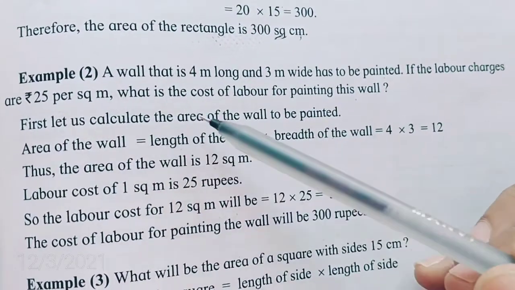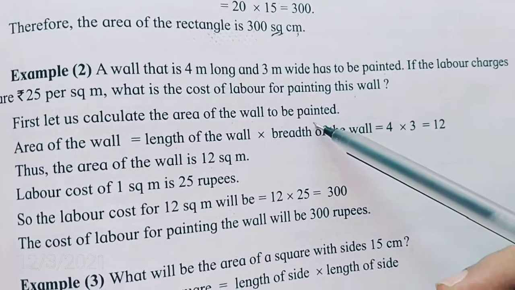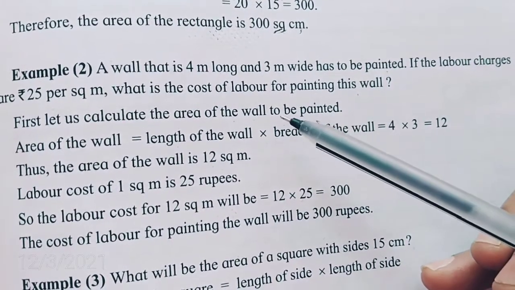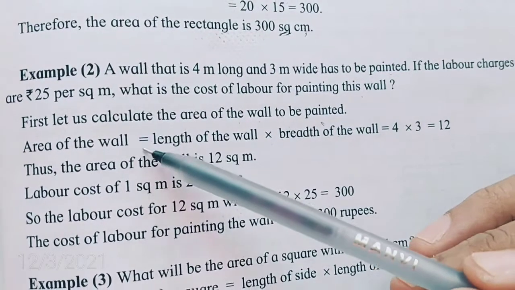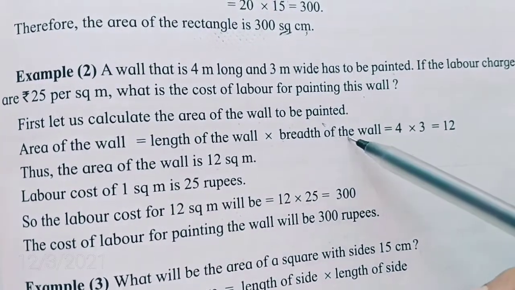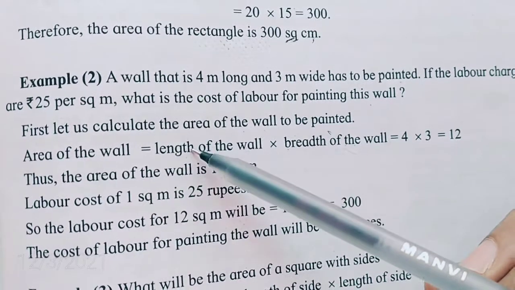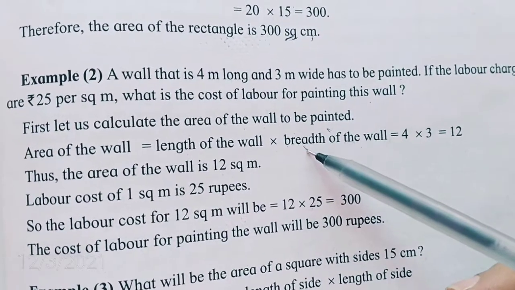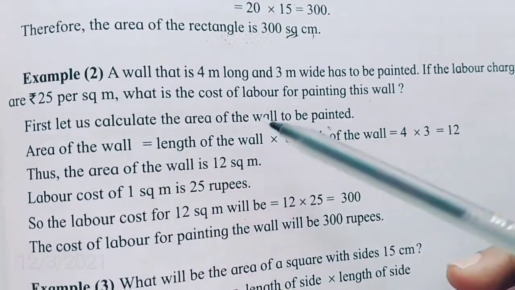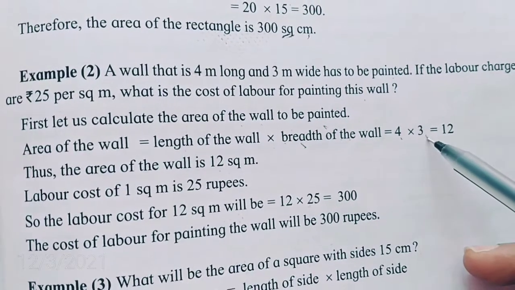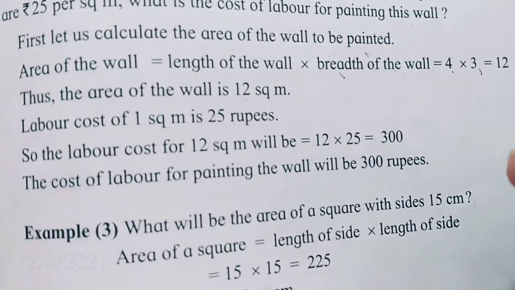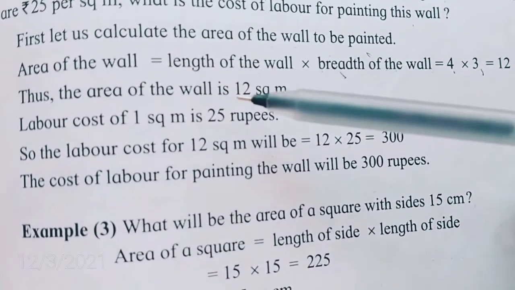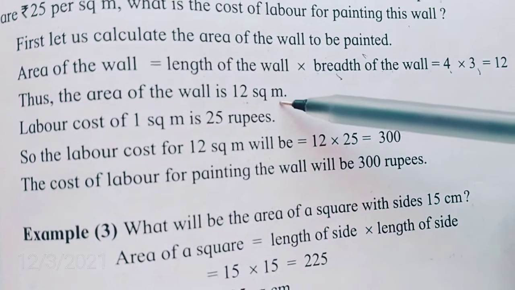First, let us calculate the area of the wall to be painted. It is very important to find out first of all the area of the wall to be painted. So area of the wall equals length of the wall into breadth of the wall, means length into breadth, area of rectangle. So 4 into 3. 4 is the length and 3 is the breadth. Thus the area of the wall is 12 square meter.